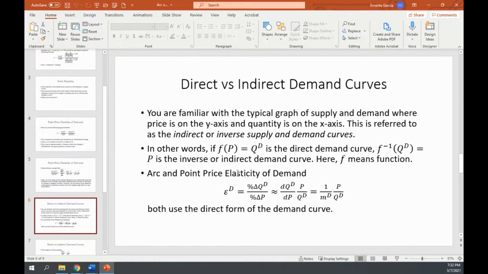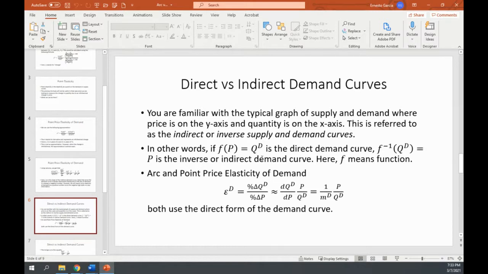So if quantity demanded as a function of price is the direct demand curve, then the inverse function, price as a function of quantity demanded, is the inverse or the indirect demand curve.